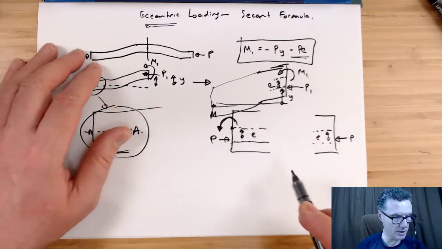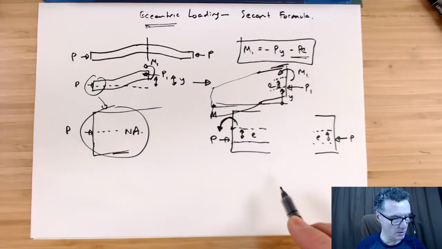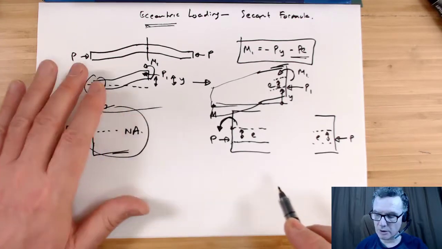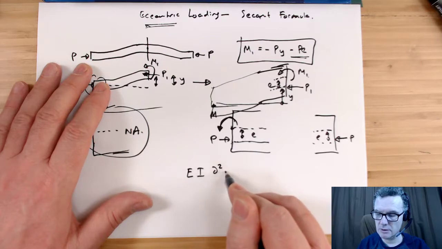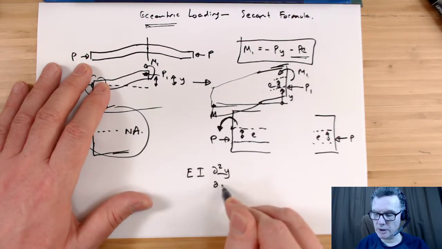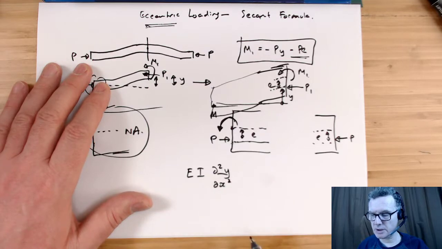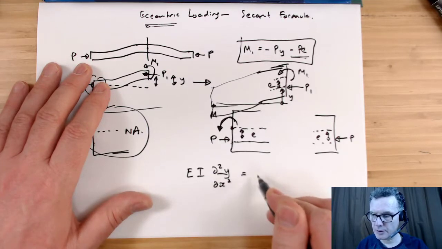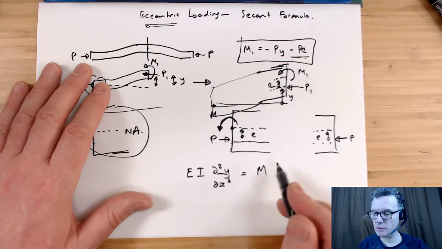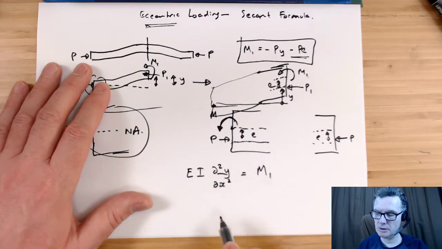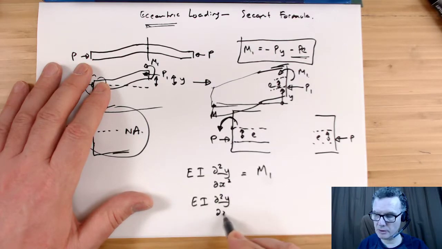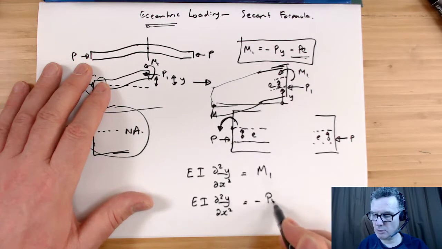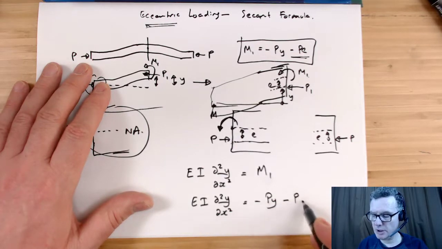So then when we come to stick that into our equation to work out how the deflection is going to behave, so EI times the second order differential of y with respect to x, we'll stick the internal turning moment in here, and we now see that we've got an equation in the form of minus Py minus Pe.